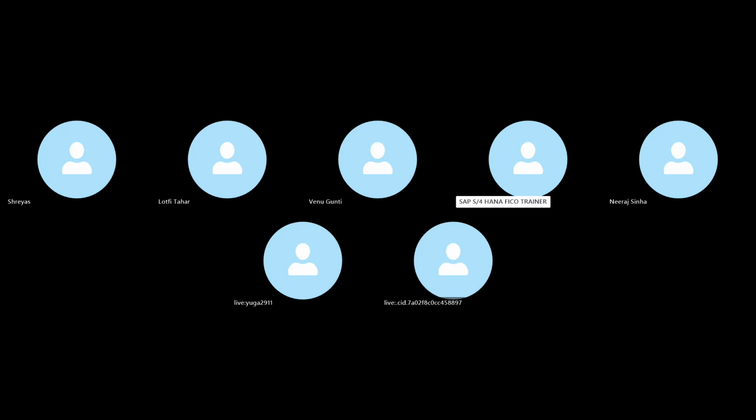After configuring, how to prepare the configuration document, how to prepare the process flow document. So the documentation part also you have learned simultaneously.